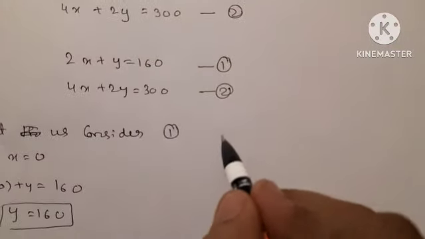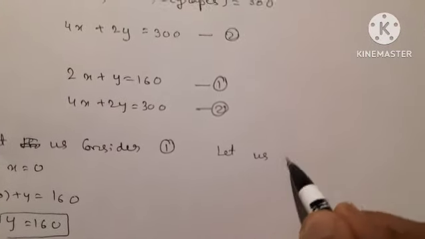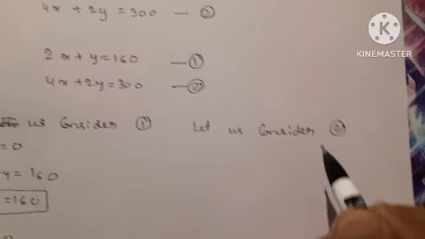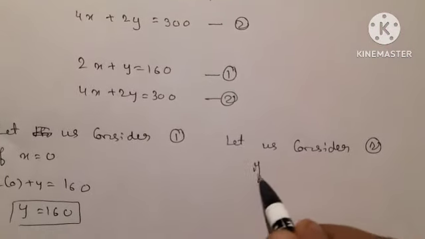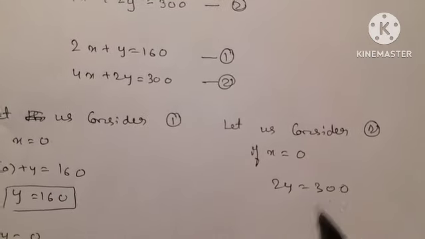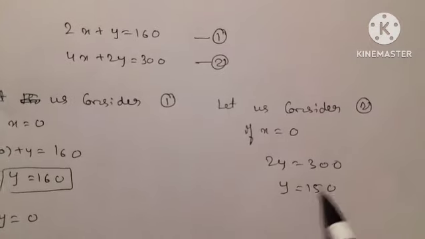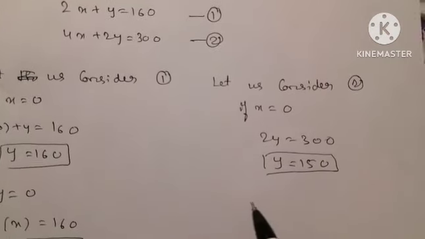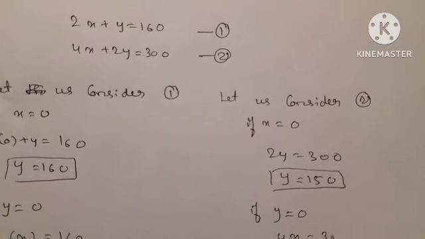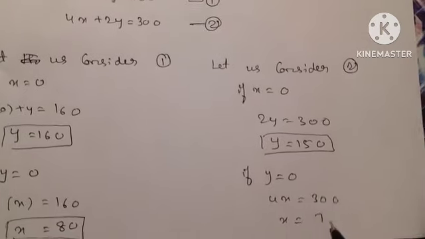Let us consider equation 2. If x is equal to 0, 2y equal to 300, y equal to 150. And similarly, if y is equal to 0, 4x equal to 300, x equal to 75.